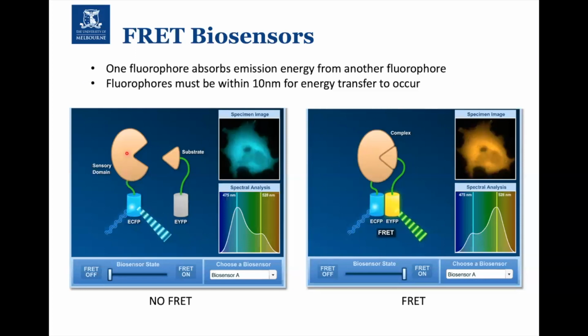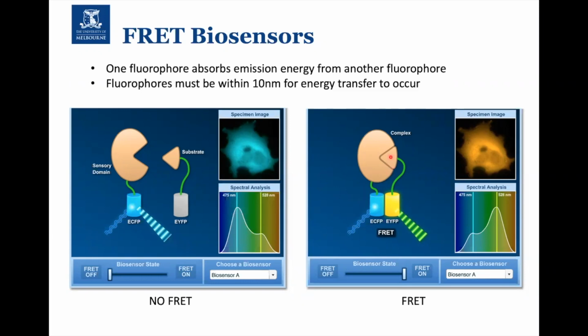So in this case, we're looking at the binding of the substrate to the sensory domain. And what we're doing is we're exciting the cell with a laser which will excite the CFP molecule. When these two molecules aren't interacting, that will create the emission coming out from the CFP molecule. So here we've got a lot of emission coming out from the CFP molecule.